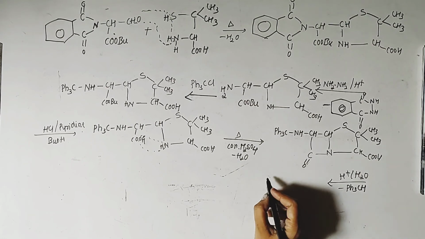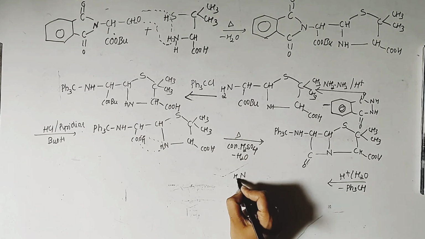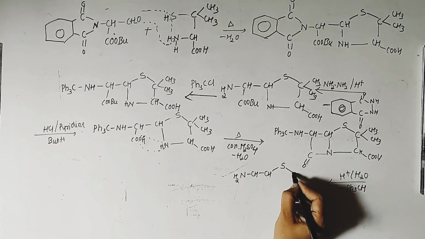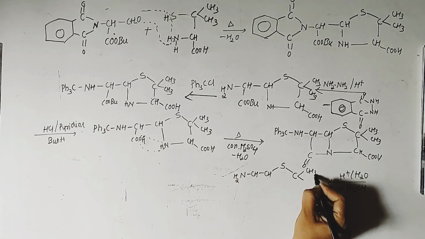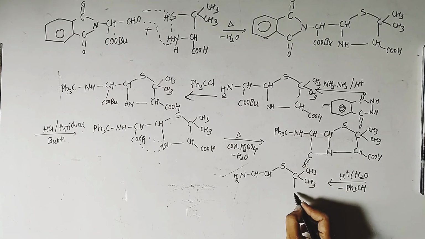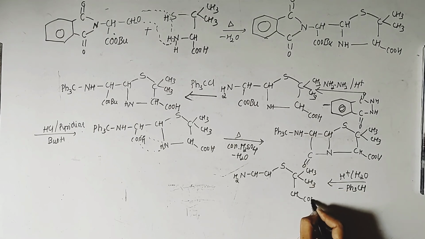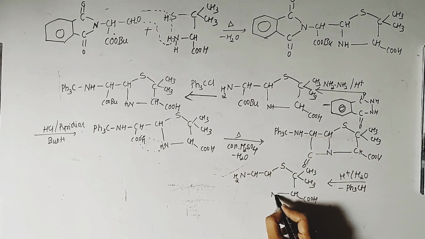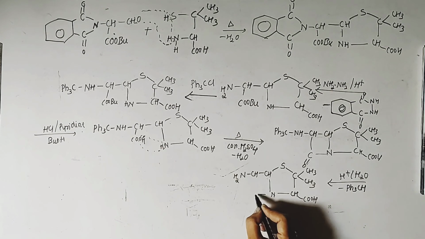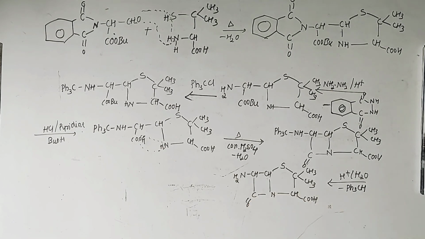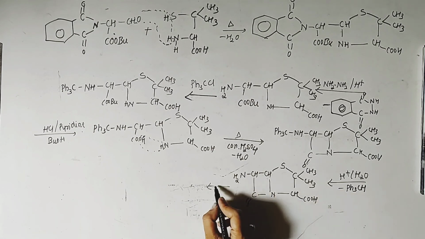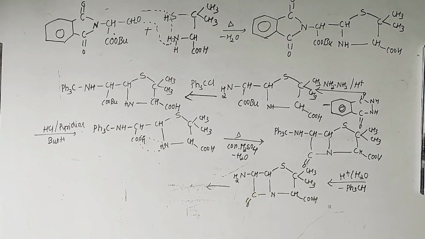So the remaining structure, this is NH2, CH, CH, S, C, CH3, CH3. So there is no change in the structure. So only this PH3C group has been eliminated here. So this is our remaining structure. So now we have the basic compound from which we can prepare the desired penicillin.